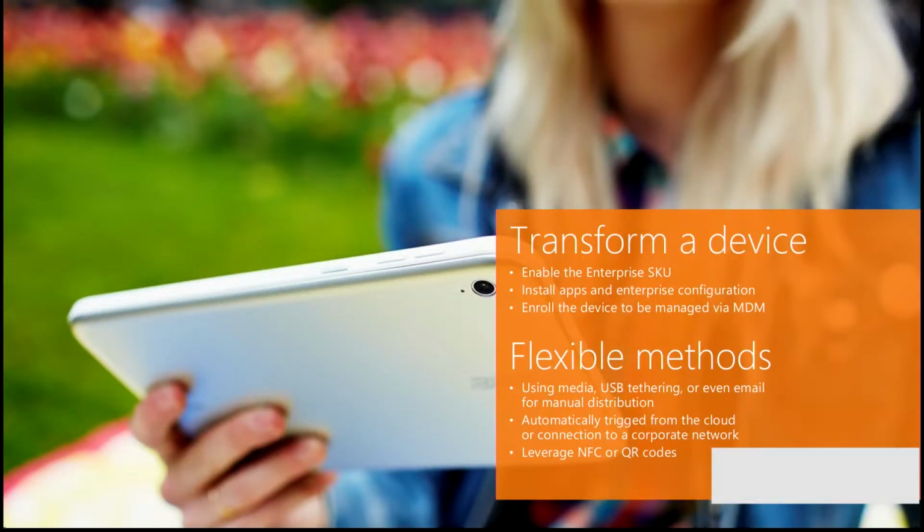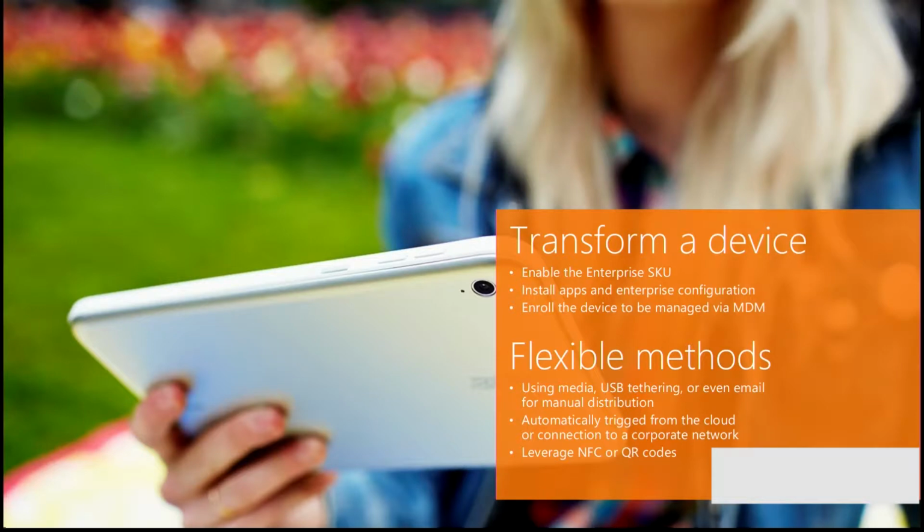And you can install apps, you can install an enterprise configuration, you can bulk enroll into a mobile device management, into an MDM Authority. So if you want to enroll into Intune, Mobile Iron, or AirWatch, you can do that. Now we have a number of different methods that you can get this down to the user, okay? What we were just showing you is using media, okay? So we use the virtual floppy in our Hyper-V virtual machine to do that.